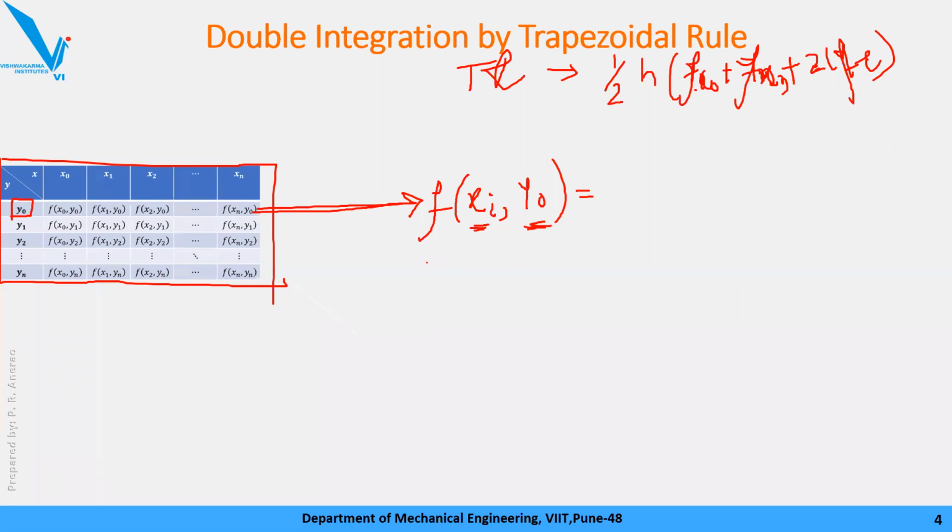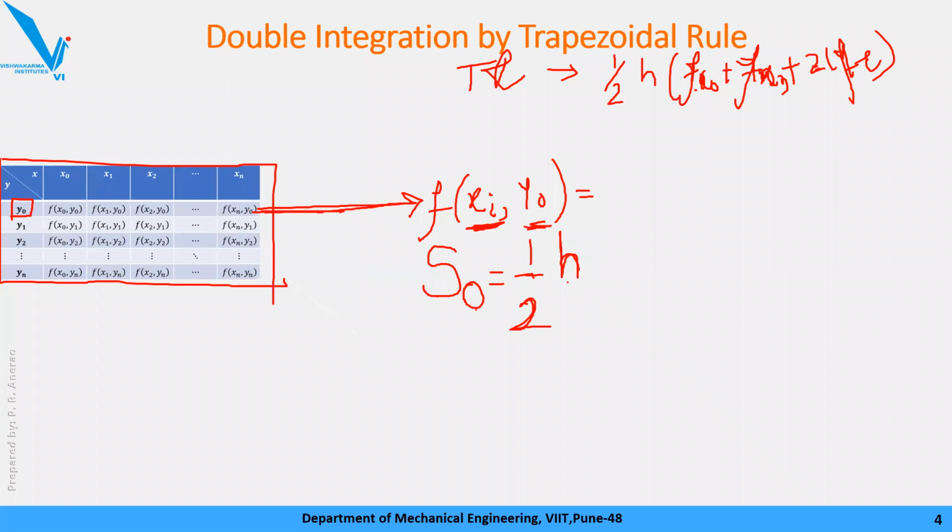Now this first area, instead of area I'll use the word s0. s0 equal to 1 by 2 h, because there is a variation in x, and the variation of x is represented by strip thickness h.